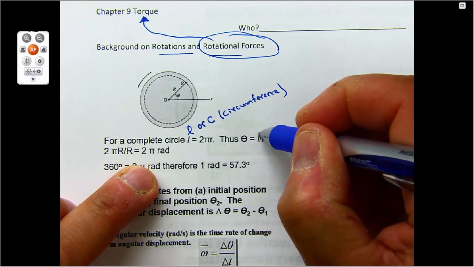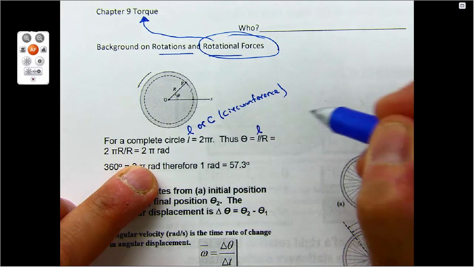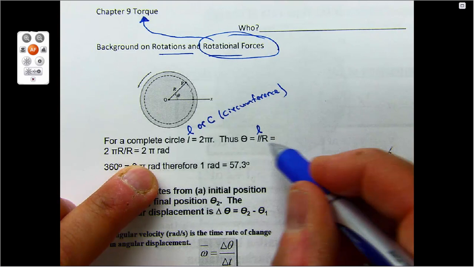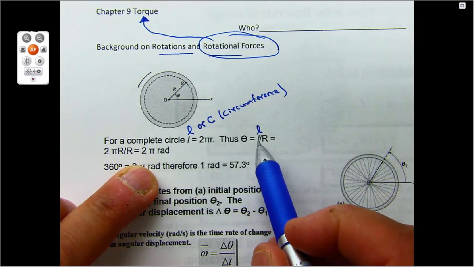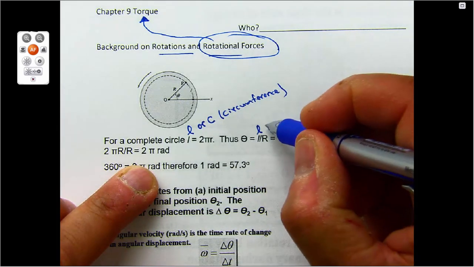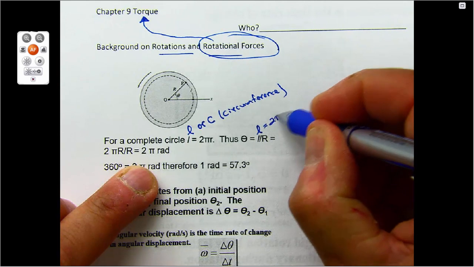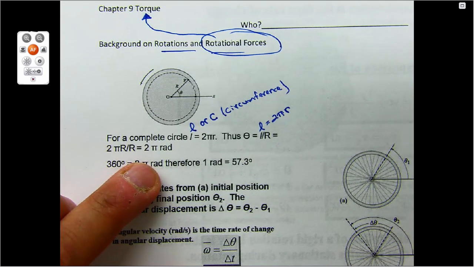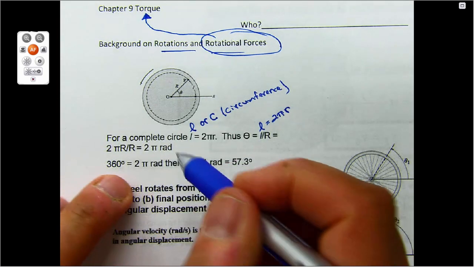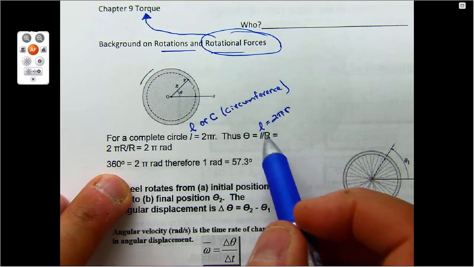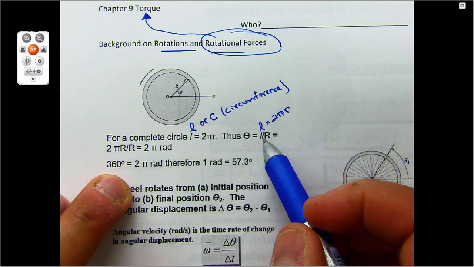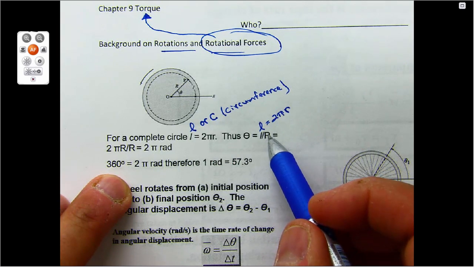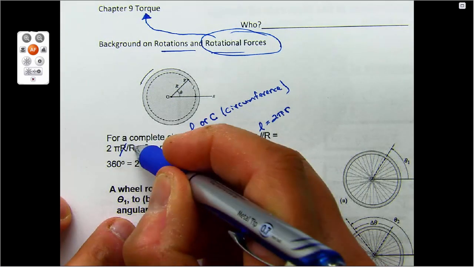So this is my L again. It doesn't look like an L. But if I expanded on this, if L is equal to 2 pi r, then all the way around is going to be 2 pi r divided by this r. My r's cancel out.